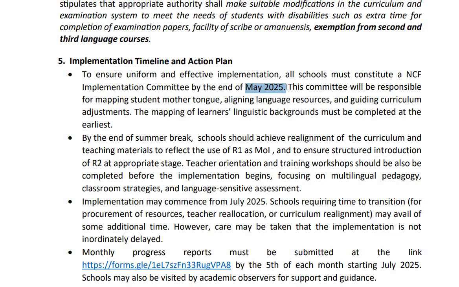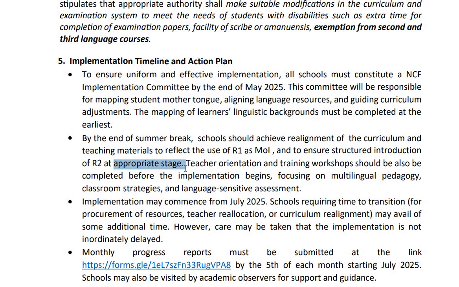The mapping of learners' linguistic backgrounds must be completed at the earliest. By the end of summer break, schools should achieve the realignment of the curriculum and teaching materials to reflect the use of R1 as medium of instruction and to ensure structured introduction of R2 at appropriate stage.